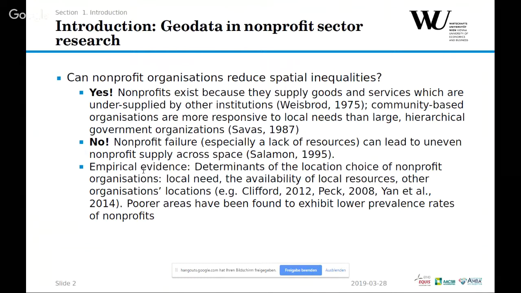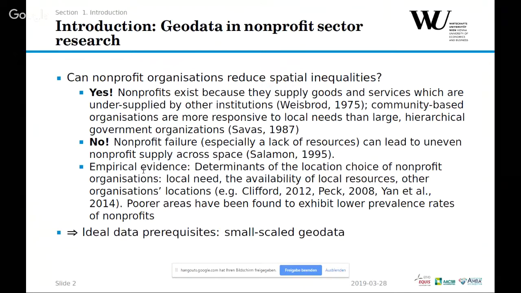These papers mainly look at determinants of the location choice of nonprofit organizations, which is usually a mix of local needs, the availability of local resources, or the locations of other similar organizations. Results are quite mixed, but in general, I would say that they point in the direction that poorer areas exhibit lower prevalence rates of nonprofits.